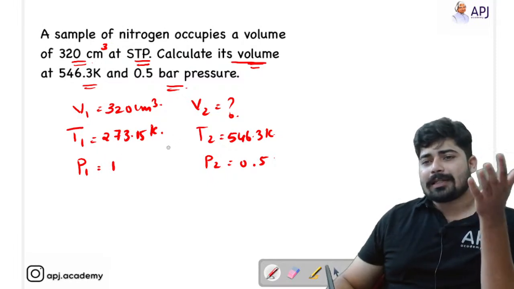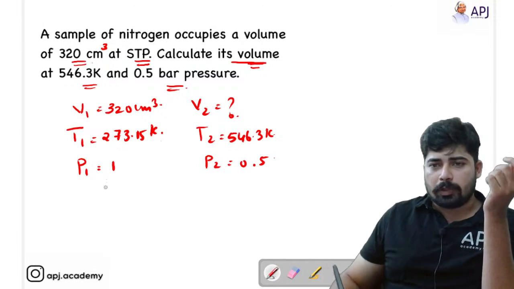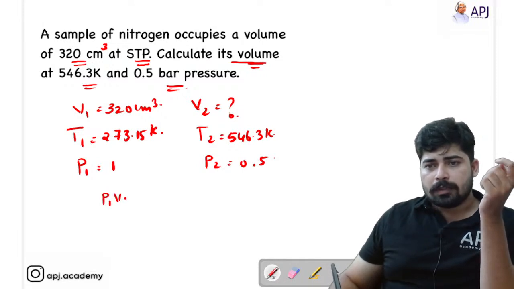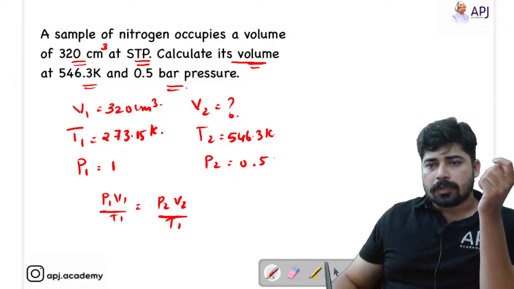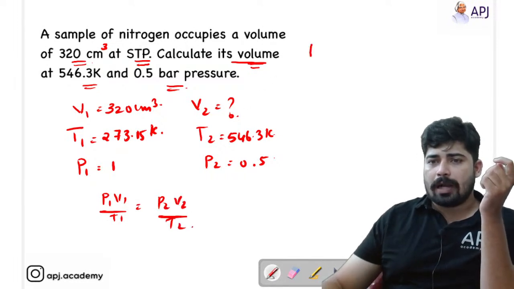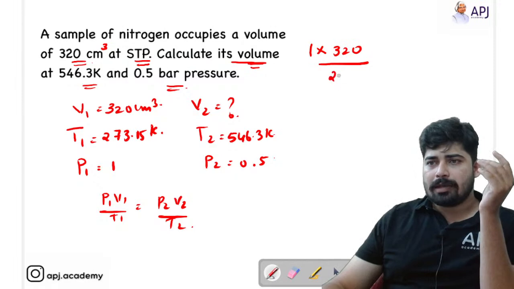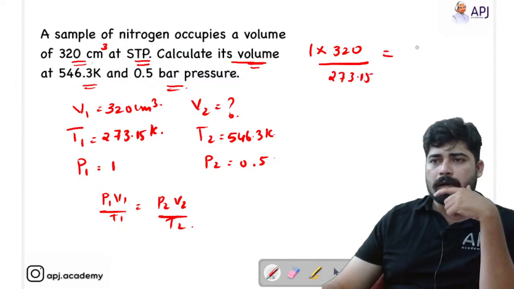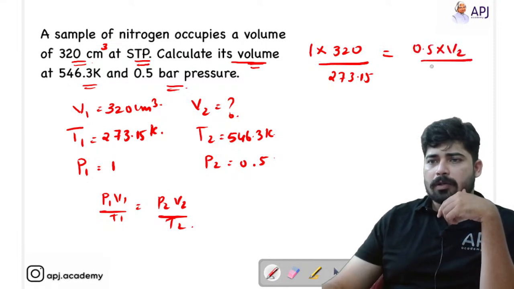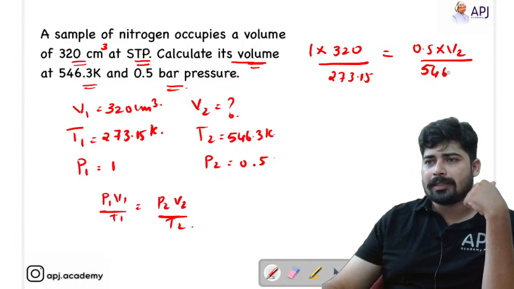Okay. Now directly applying the combined gas law equation, P1 V1 by T1 equal to P2 V2 by T2. P1 is 1 bar into V1 is 320 centimeter cube divided by T1, which is 273.15. That is equal to P2, which is 0.5, V2, which we have to find out, and T2 is 546.3 Kelvin.